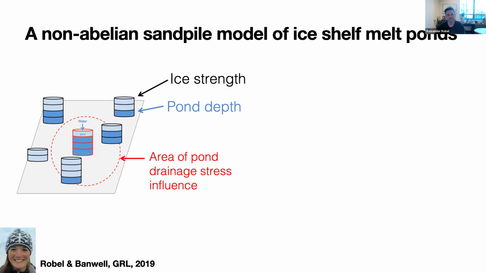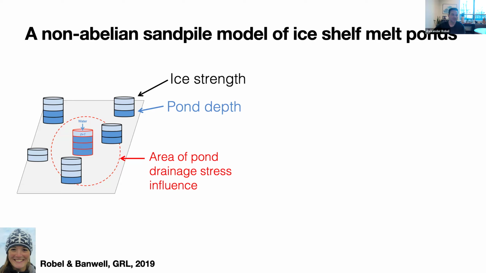Actually, in the example that I'm going to show in the next slide, it's on a regular lattice, but you can do it randomly as well, and we do it randomly in the paper. But you have these sites on an ice shelf, and on these sites, we randomly add water at different locations on the ice shelf. When the water reaches a certain threshold, all the water drains.